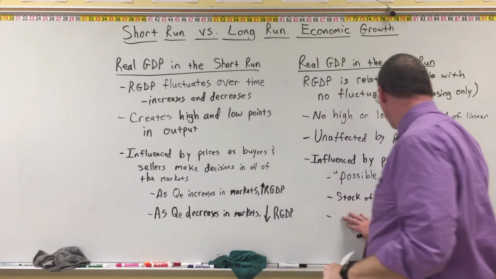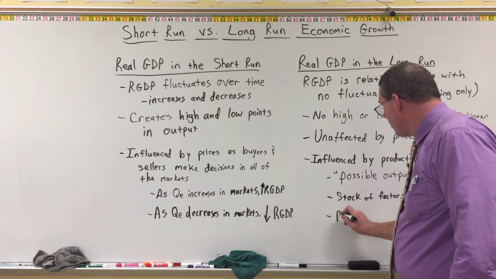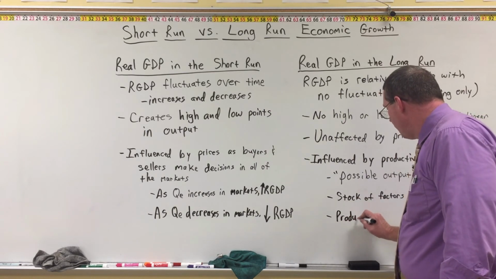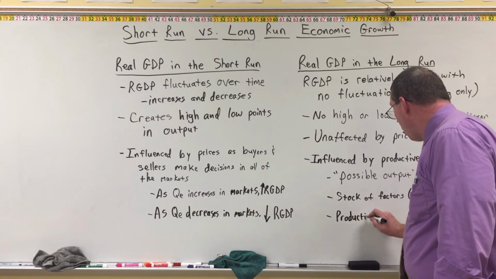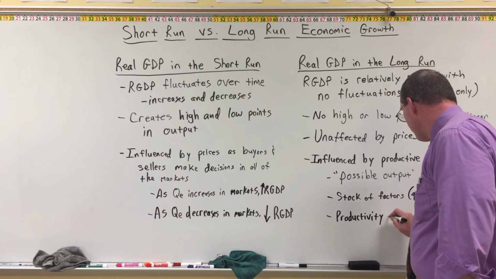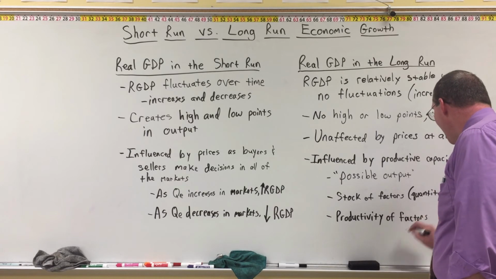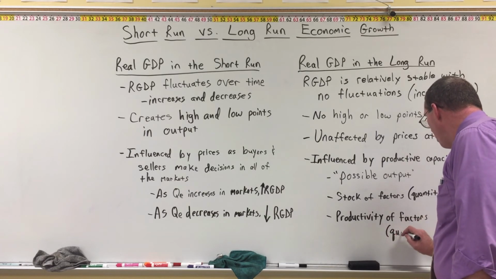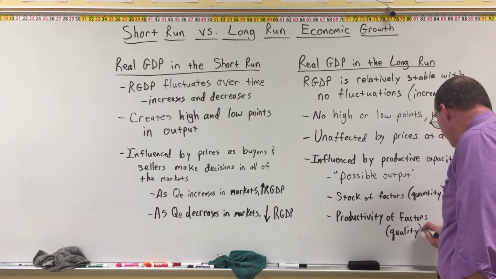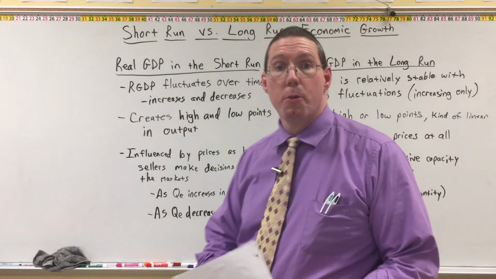The second thing that affects productive capacity is the productivity of those factors. That's the quality of the factors of production. How good are those factors of production? How much can we get out of those factors of production? So the quality of the factors of production.